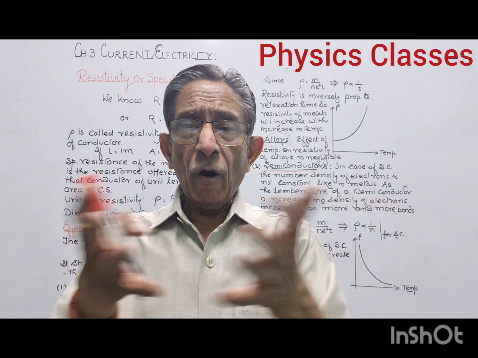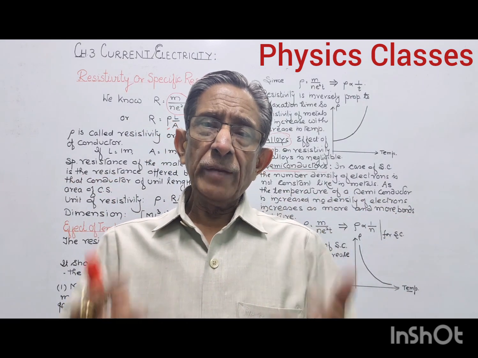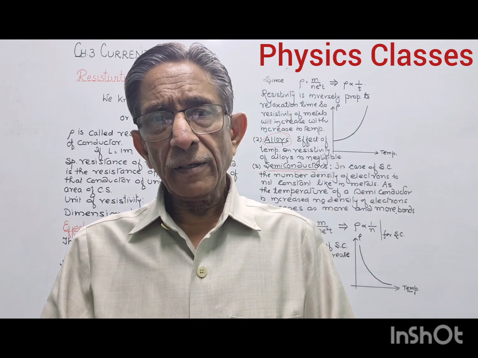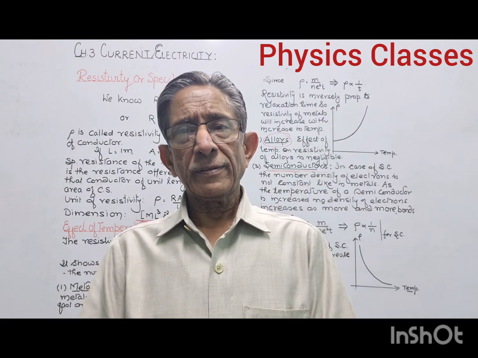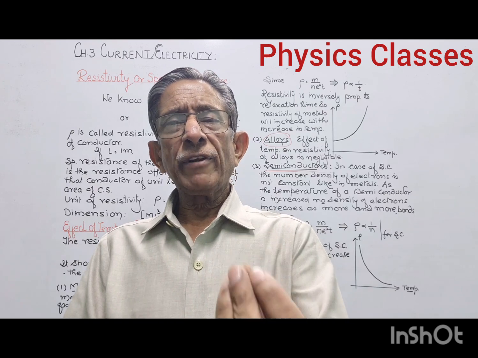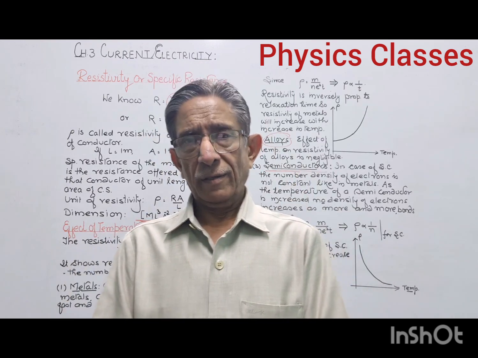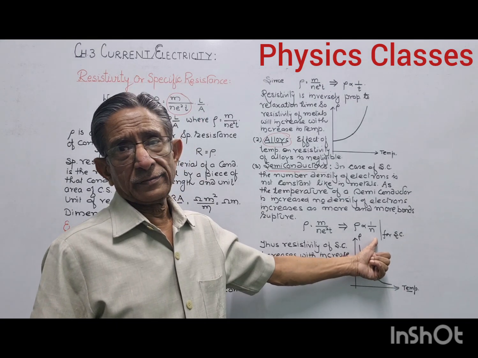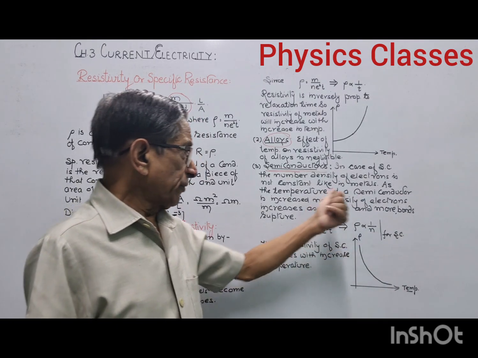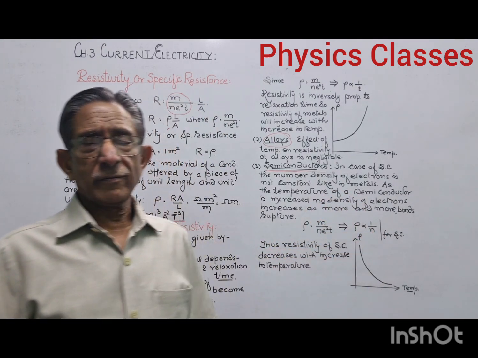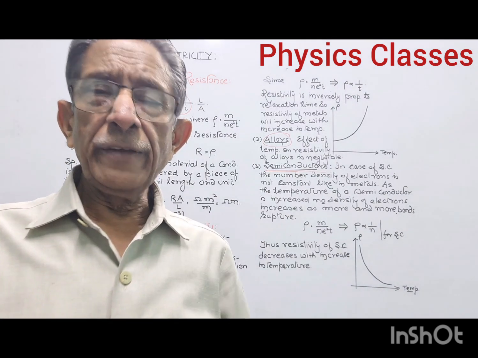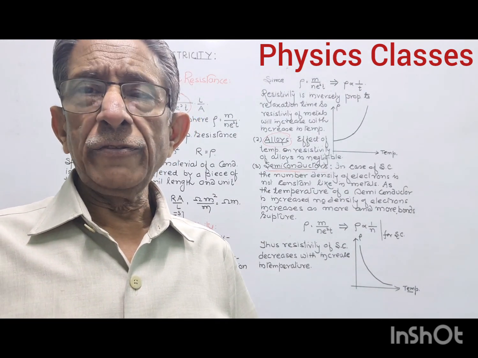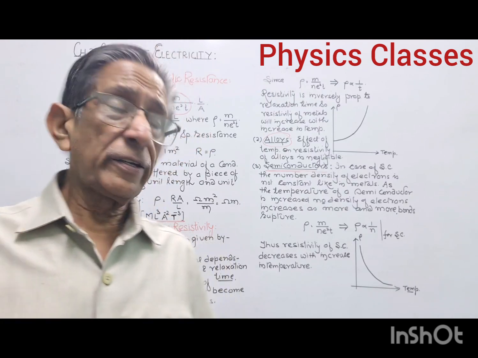The covalent bonds in semiconductors will rupture with increase in temperature and more free electrons will be available. So you can say n will increase. Again, rho is inversely proportional to n. So if n increases, then the specific resistance or resistivity will decrease.